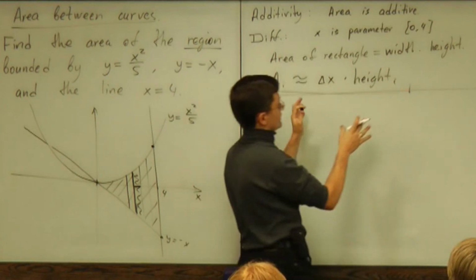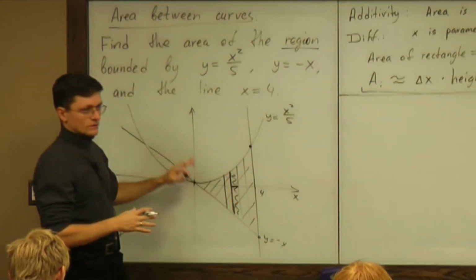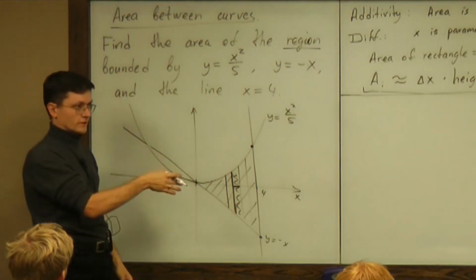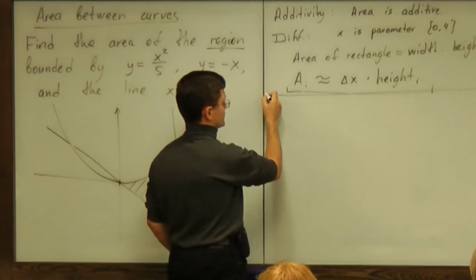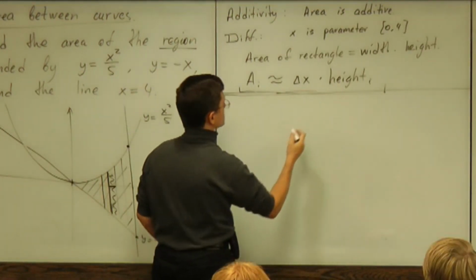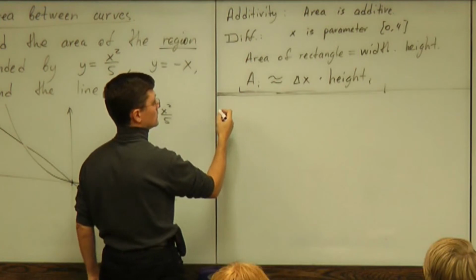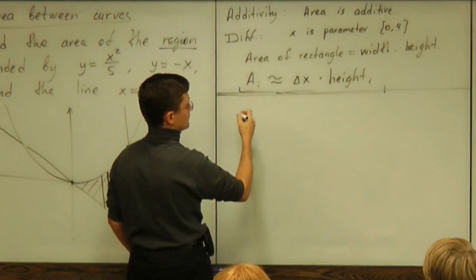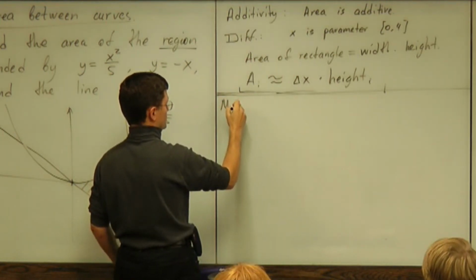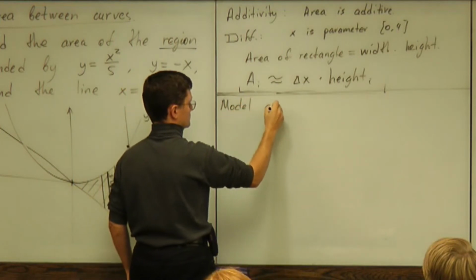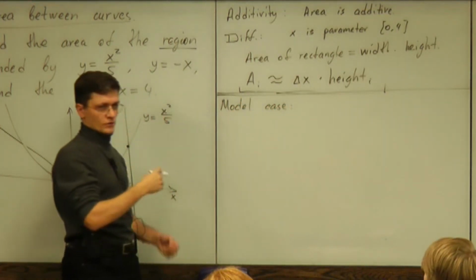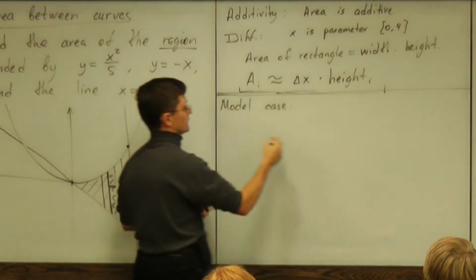Alright, so this is just a quick check of the fact that integration will be useful. And now we will go ahead and proceed with the setup. So I will again say what my model case is, the linear case, when I can actually compute the area exactly.